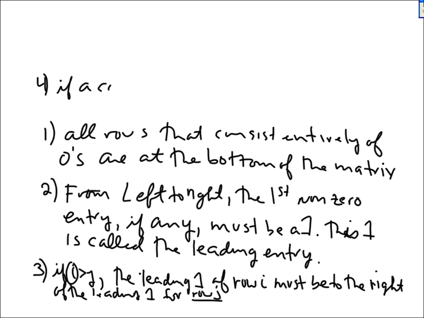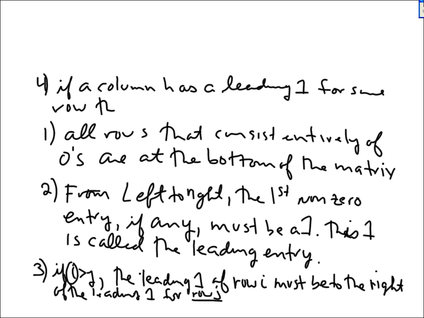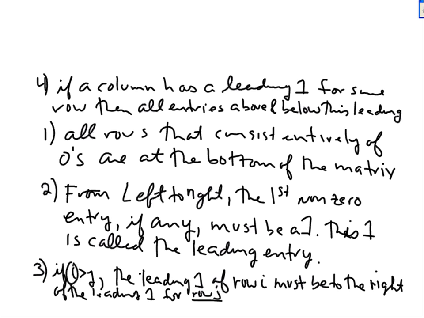If a column has a leading 1 for some row, then all entries above and below this leading 1 will be 0. Will be zeros.